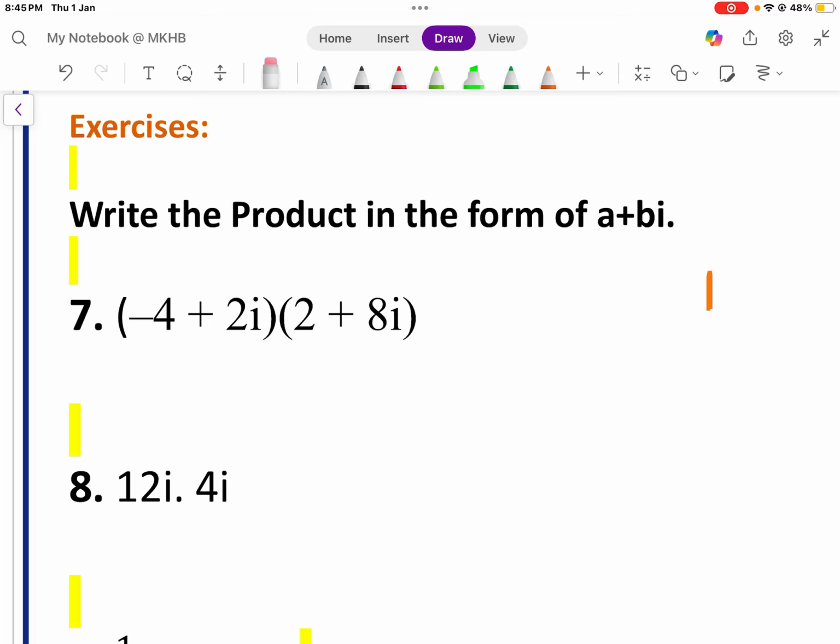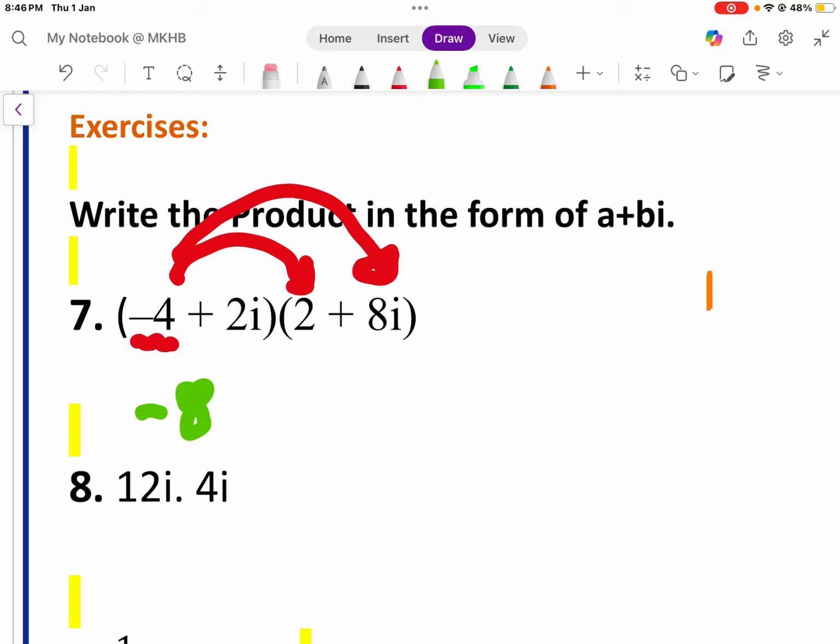Distributive property. So the -4 will multiply by 2 and by 8i. Let us multiply it. -8 and minus times minus, 32i. Yes, thank you. So we are done with this.